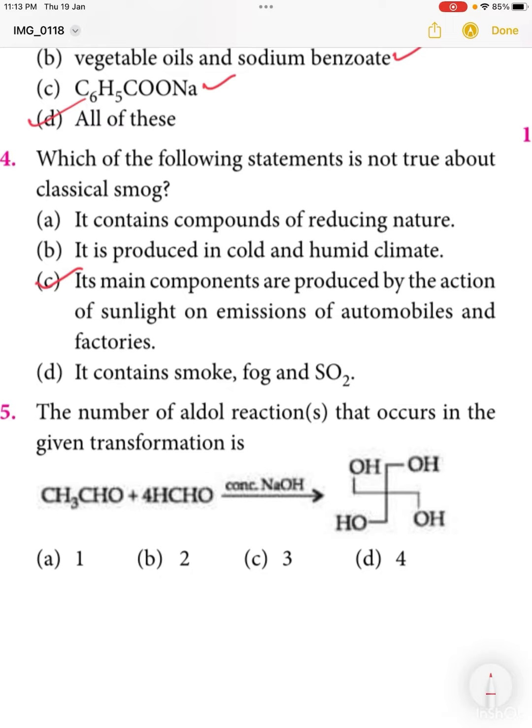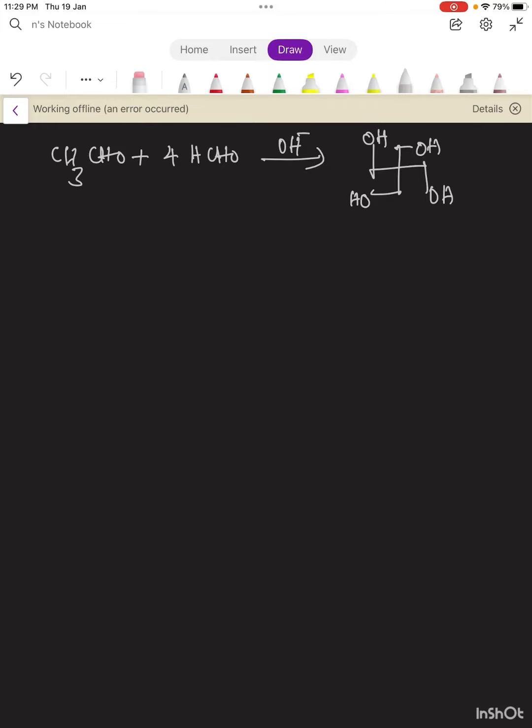First, let us see the reactions of this compound in the form of a mechanism. The given reaction is CH3CHO, acetaldehyde, when reacts with 4 moles of formaldehyde in the presence of a strong base, that is OH minus, we got this compound. Let us see how this compound is formed and how many aldol products are formed in this reaction.